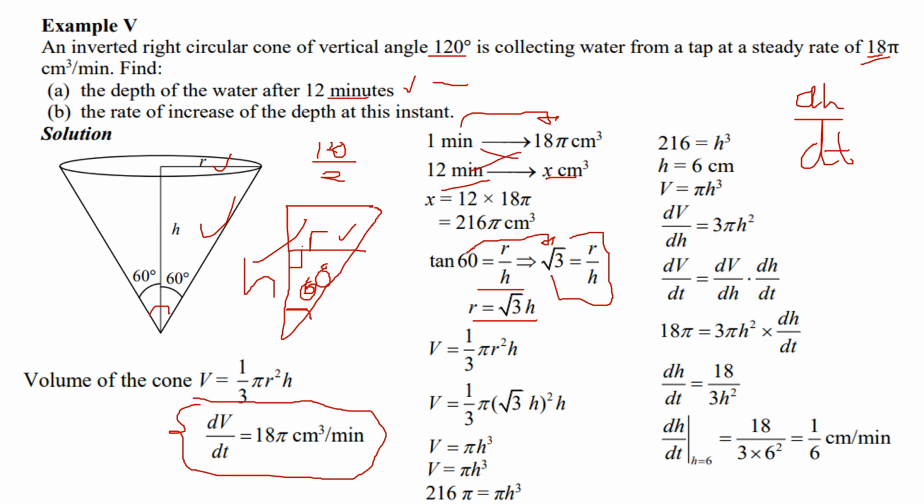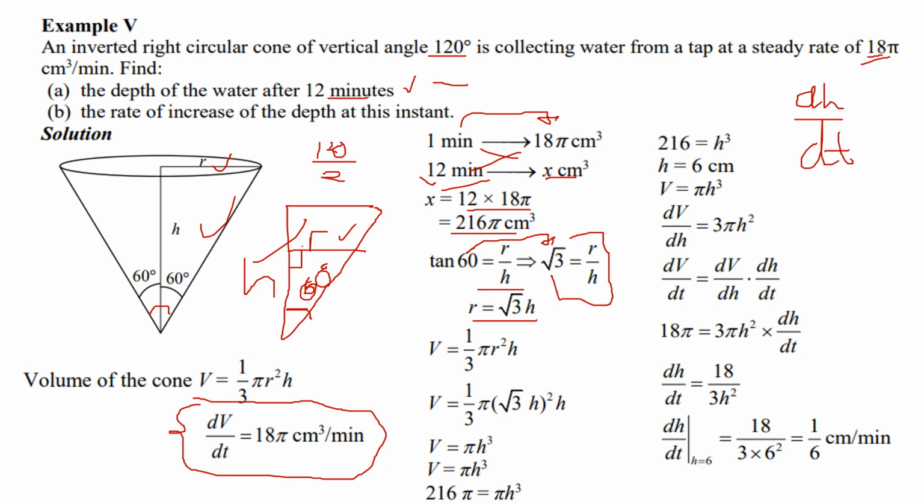So cross multiplying, x, which is the 12 minutes volume in centimeters cubed, is going to be 12 times 18 pi to get 216 pi centimeters cubed. Now this is the volume which is present in 12 minutes. So we can go ahead and find our dH/dt, which is present in this volume.